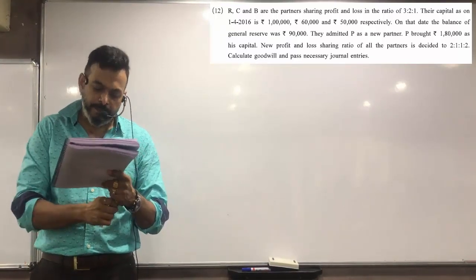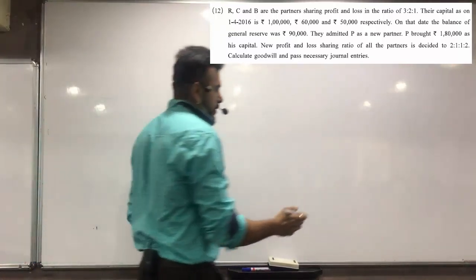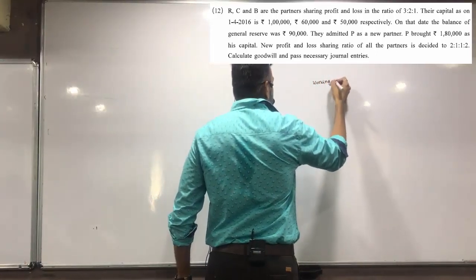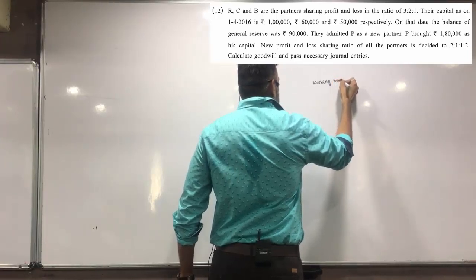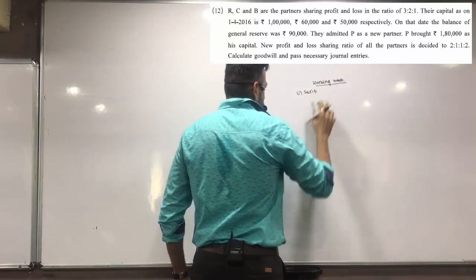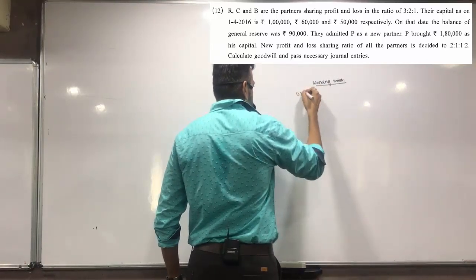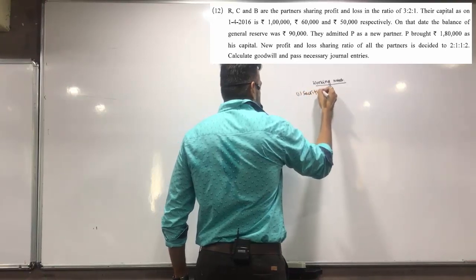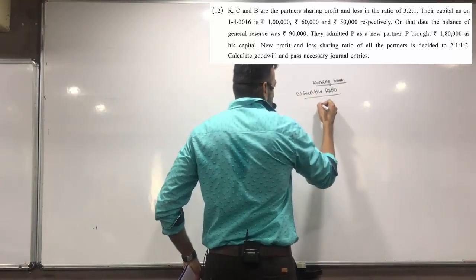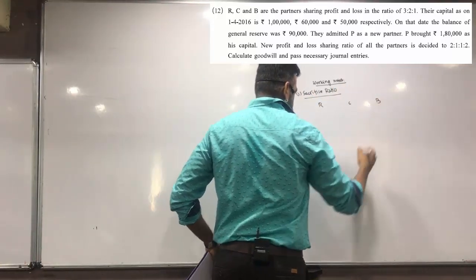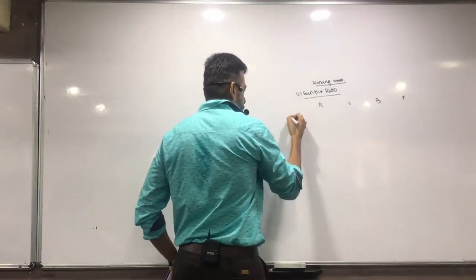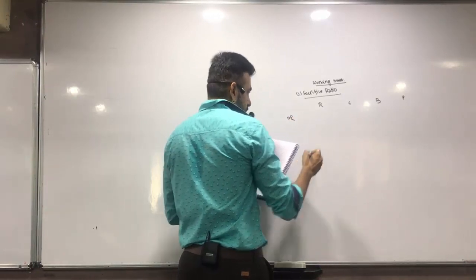Now first let's find the sacrifice ratio so that later we have no problem. Working notes. First, for sacrifice ratio. R, C, B, and the new partner is P. Old ratio 3:2:1.